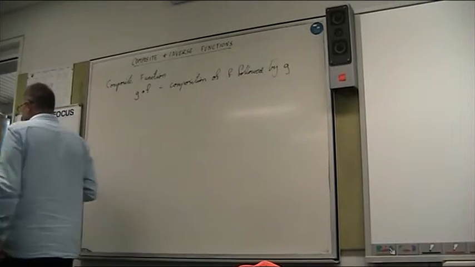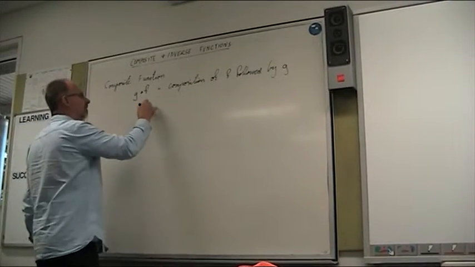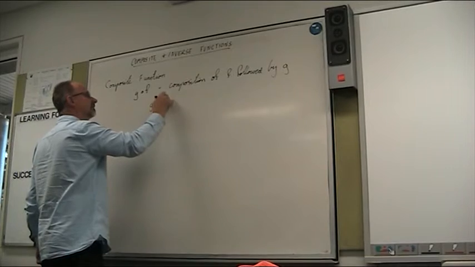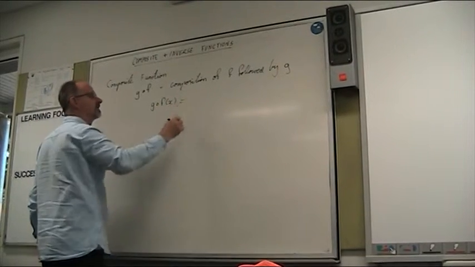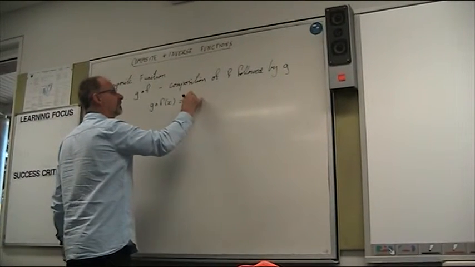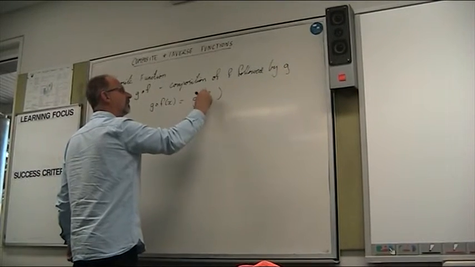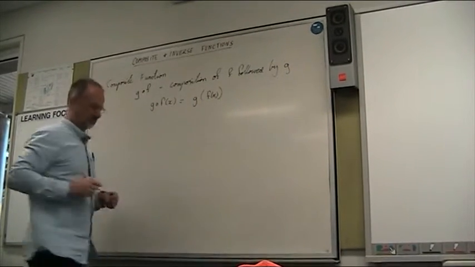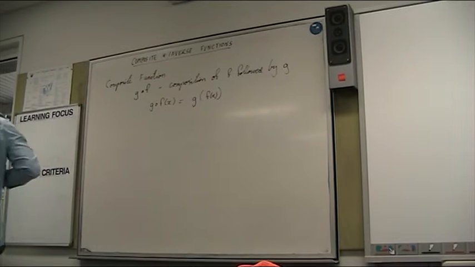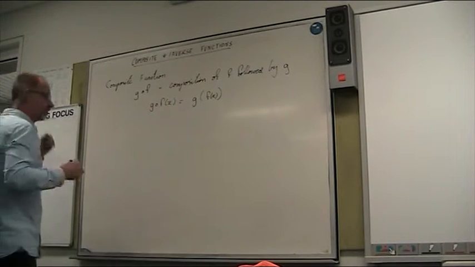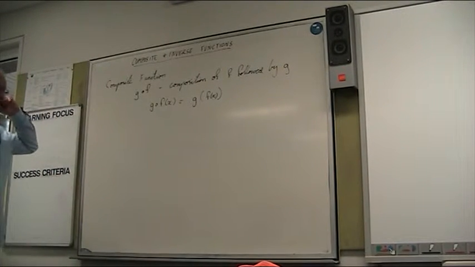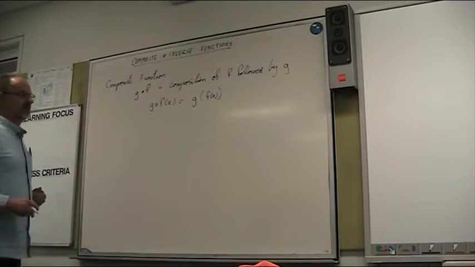Alright, for example, g∘f of x simply means that for g of x, you put f of x in there. So it's composition of two functions. Now, it's not always defined.